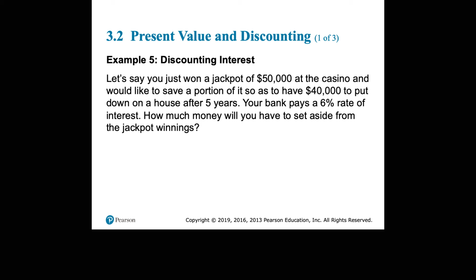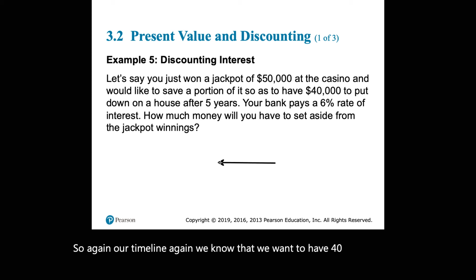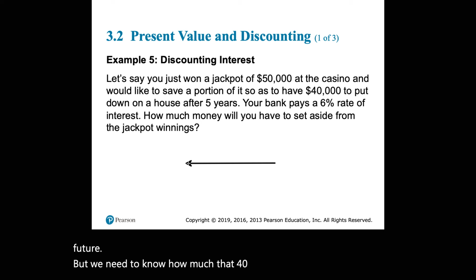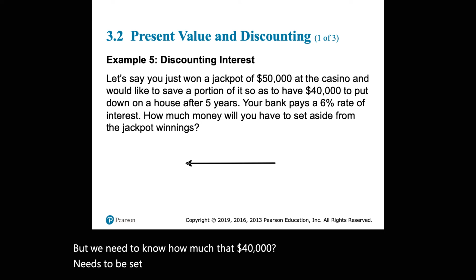So again, our timeline. We know that we want to have $40,000 in the future, but we need to know how much needs to be set aside in the present to get to $40,000 in that future.